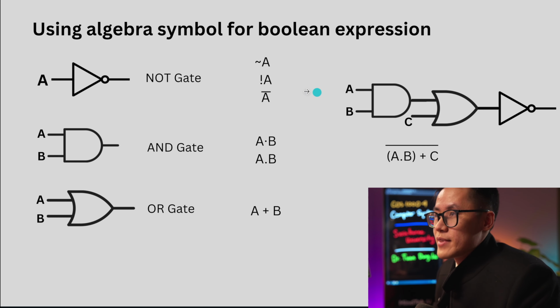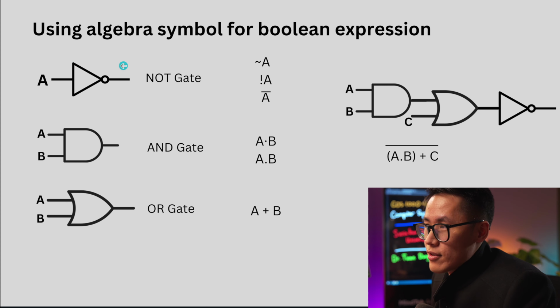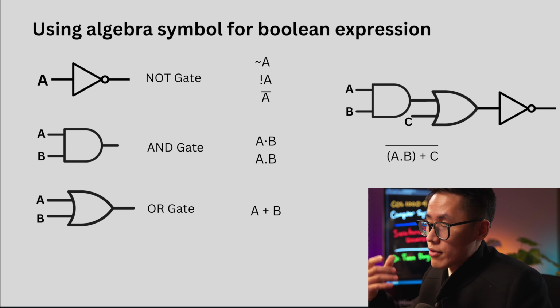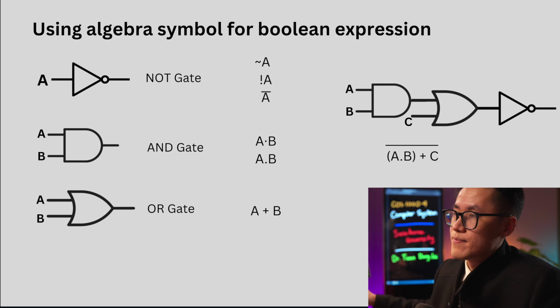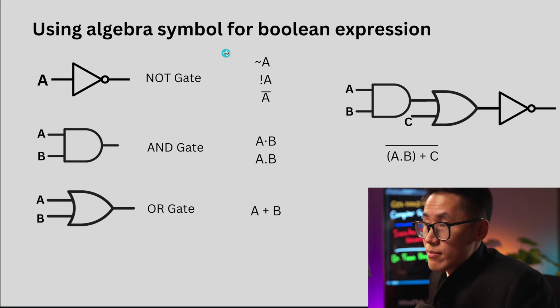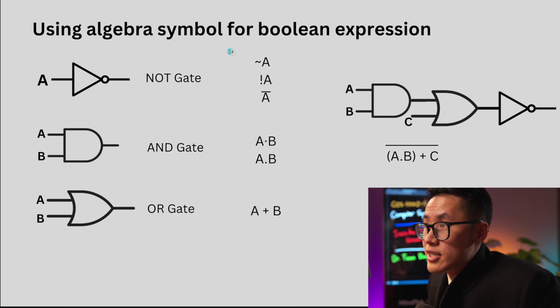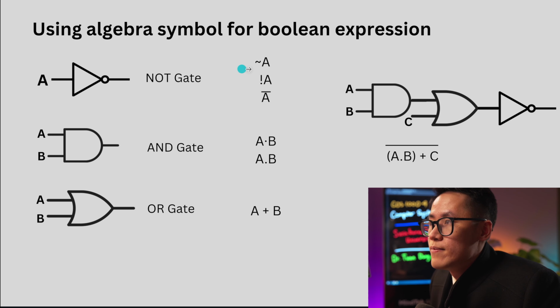Okay, last thing is that instead of using gate to represent AND, OR, and NOT, so different logic expression, Boolean expressions, you can actually use symbol to represent them. So if you are using symbol, that means you are doing algebra symbol. So these are called algebra symbol.